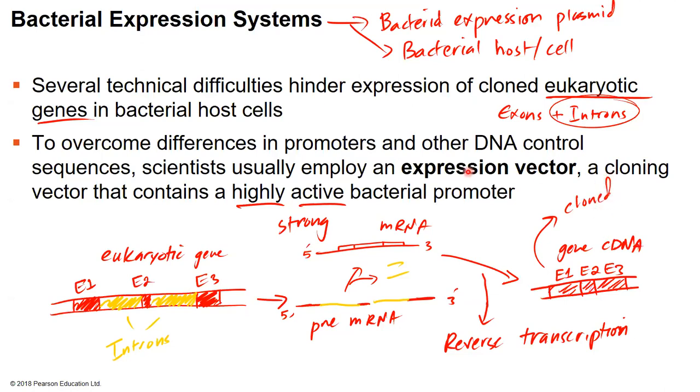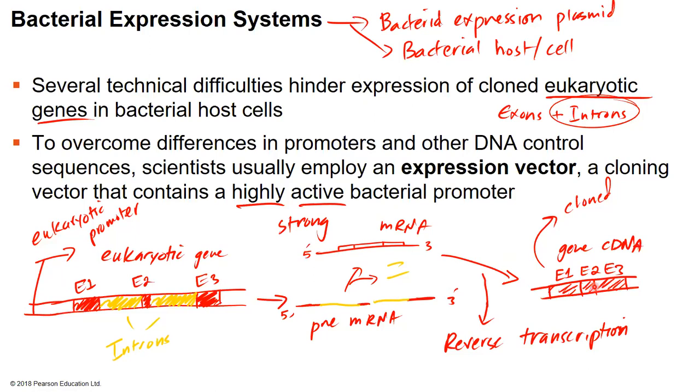into an expression vector, and maybe clone it into an expression vector that has an active bacterial promoter. Because this eukaryotic gene might have a eukaryotic promoter. So this eukaryotic promoter might only work inside eukaryotic cells.